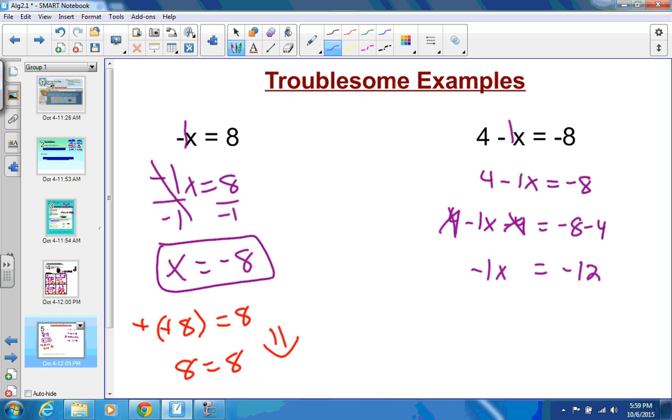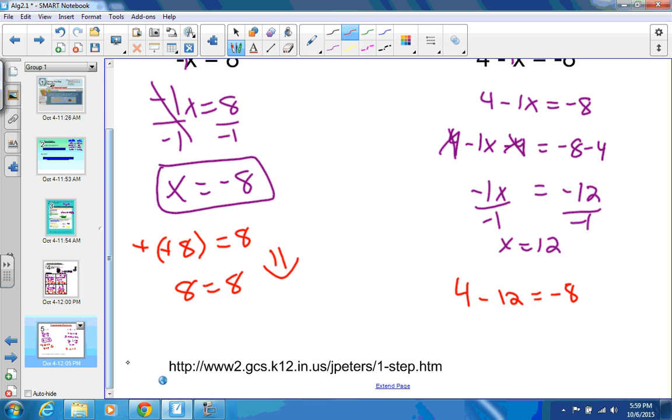And then our last step would be to do that division or multiplication. And since this is multiplication, the inverse would be dividing by negative 1. So x should be equal to 12. And if you wanted to check that, you can plug it back in and get 4 minus 12 equals negative 8. And that would be true because 4 minus 12 is negative 8.